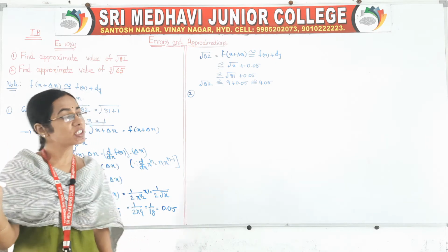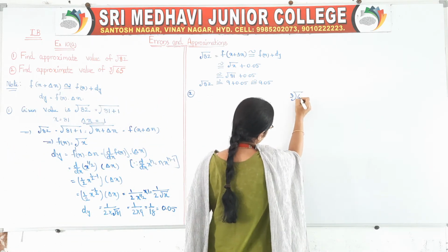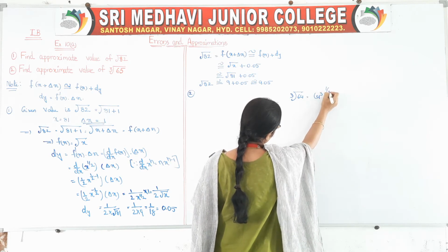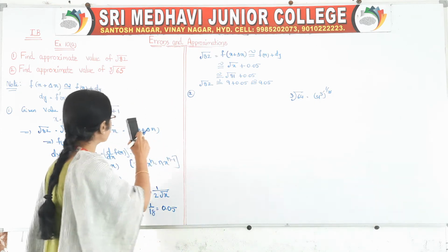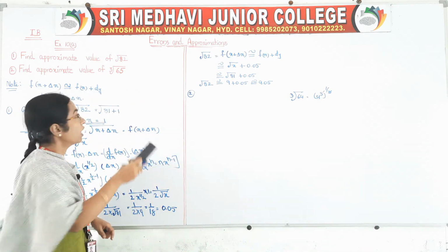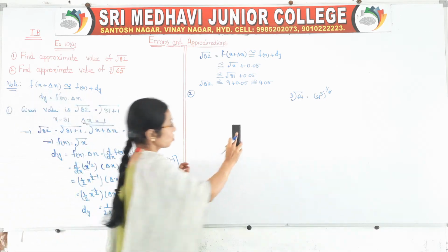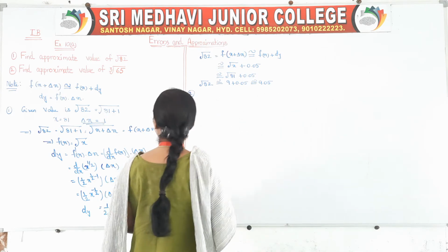Cube root of 64 means we can write 4 cube, and the cube root and cube cancel, but they have asked for the approximate value of cube root of 65.